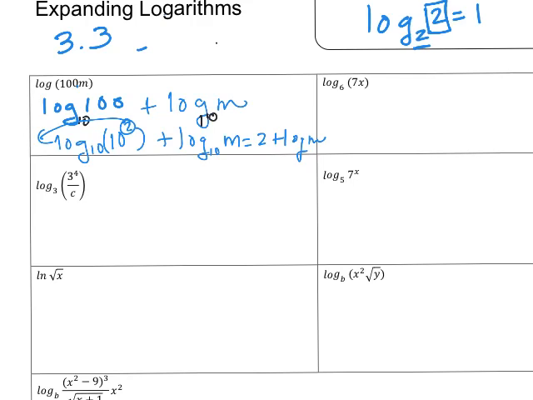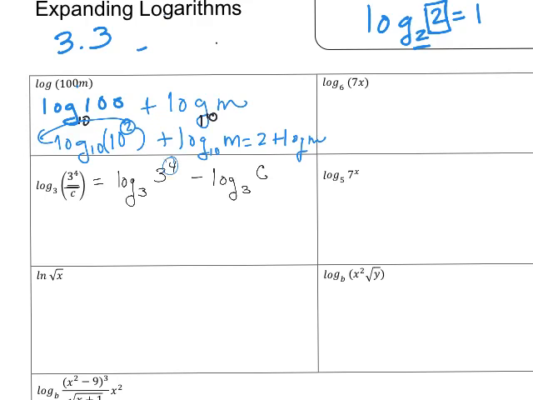So that division sign is going to turn that into a subtraction. So this is just equal to log base 3 of 3 to the 4th power minus log base 3 of c.